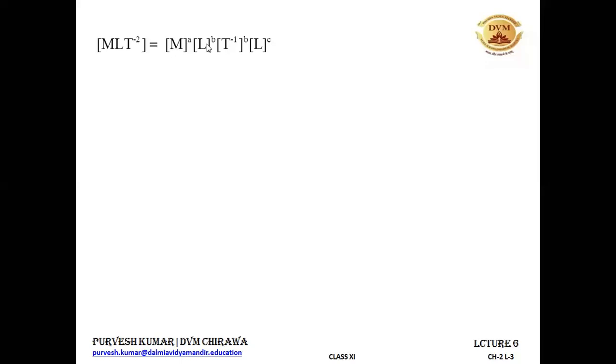See what I have done in this slide. I have separated out the terms that were involved towards the right hand side. M was having power a, LT minus 1 was having power b. So I've written it like this: L to the power b, T to the power minus 1 to the power b, and L to the power c. Now I can add up the powers.